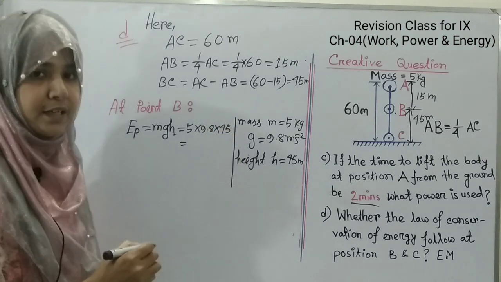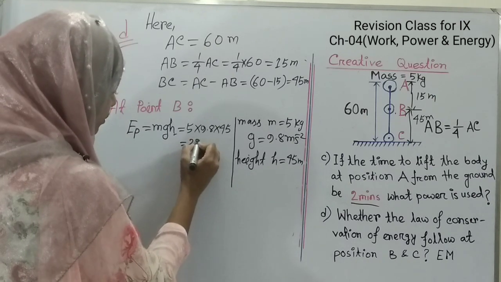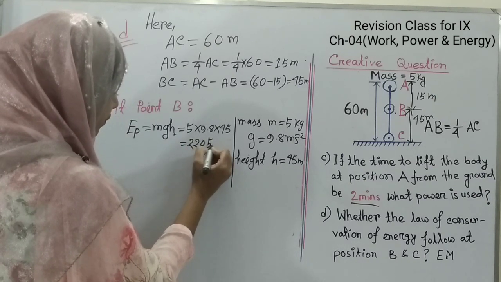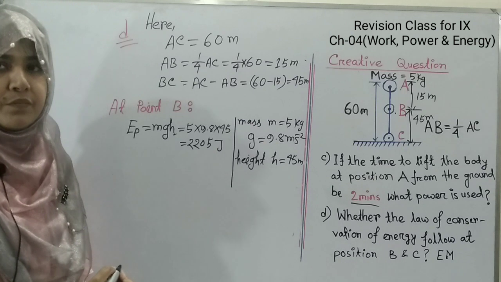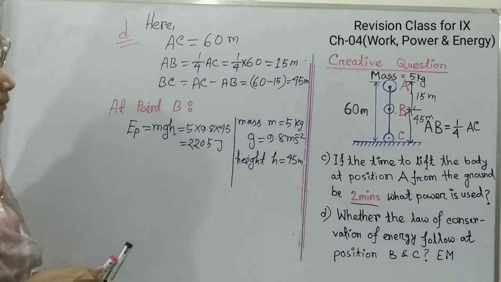So after calculating it, you will get 2205 joule.